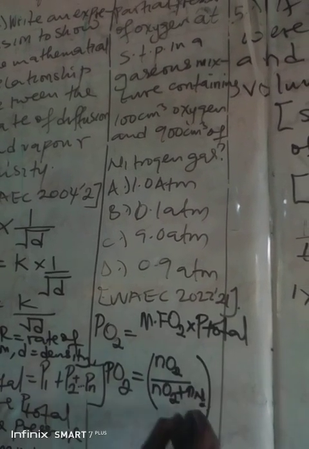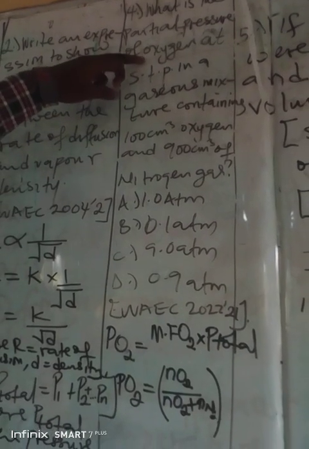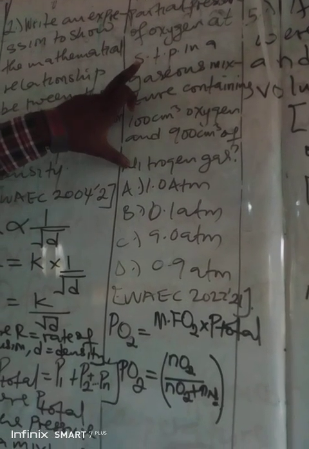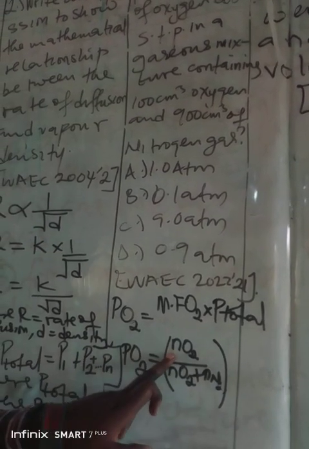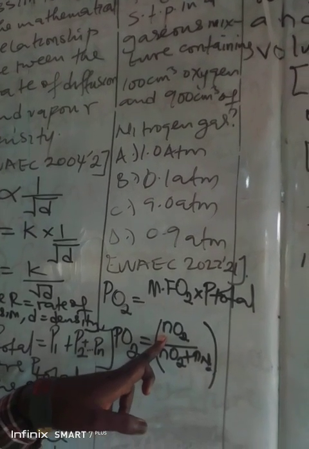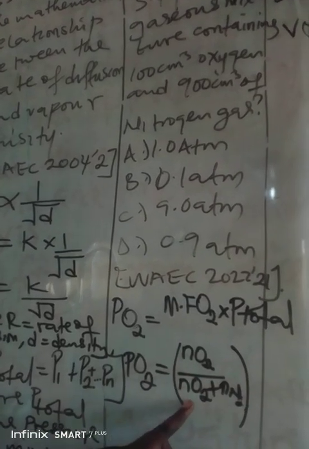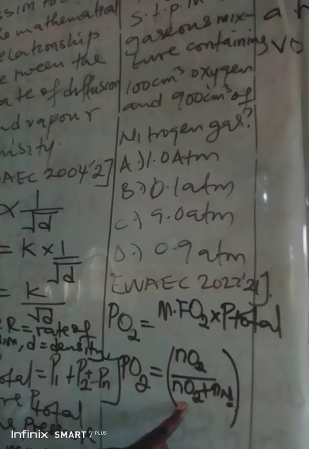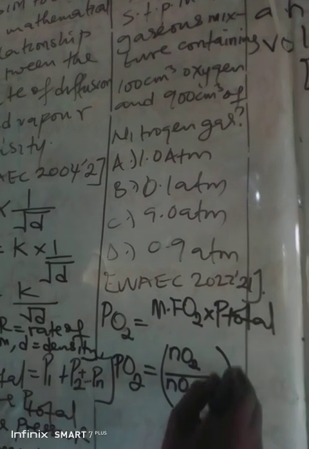You know there are only two gases here: oxygen and nitrogen. But they say find the partial pressure of only oxygen. So the numerator will carry the number of moles of oxygen, over the number of moles of nitrogen and oxygen itself, times P total.